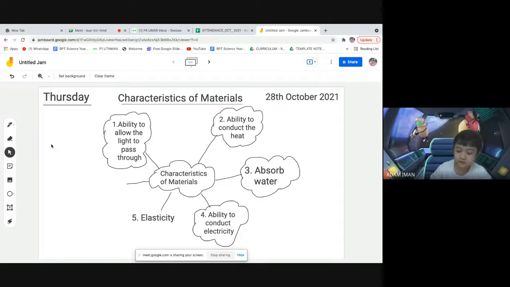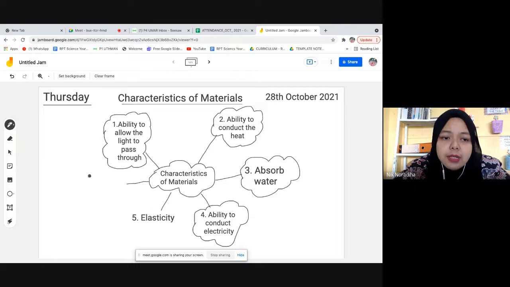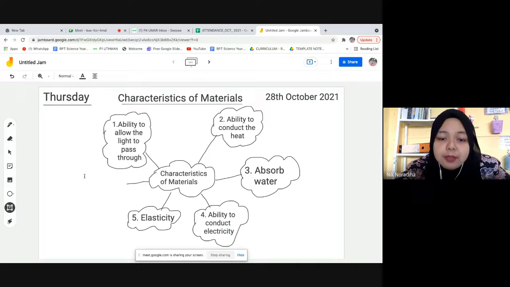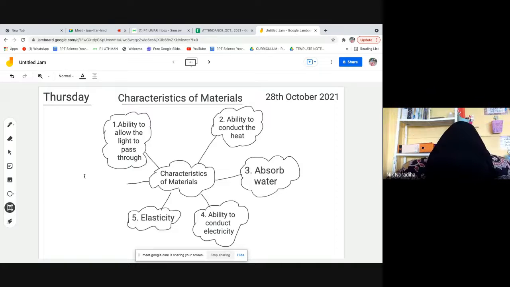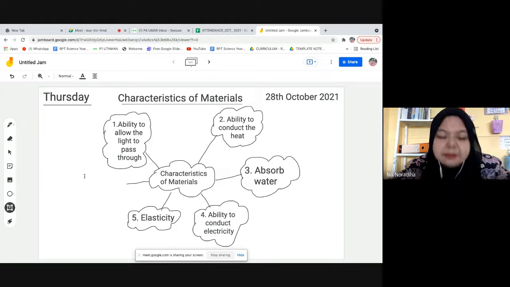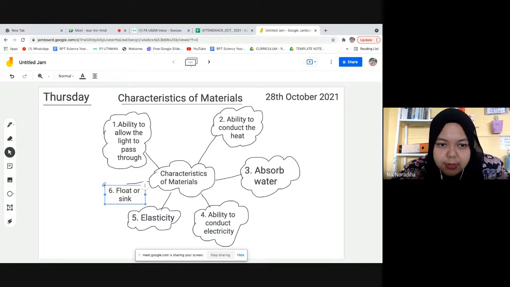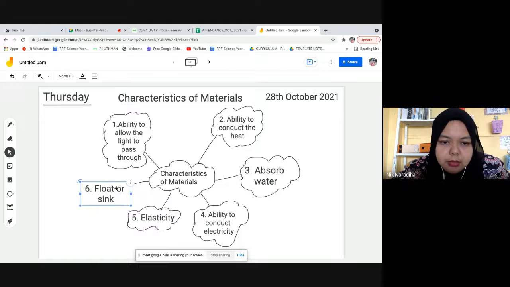Teacher, float or sink? Float or sink. Thank you, Adam. Well done. Correct. Last one, number six, we have float or sink, whether that object can float or sink. Okay, so there you go, right? It's okay if you cannot memorize.